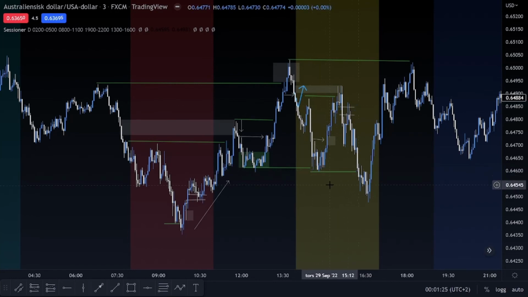So once price trades below these lows here, I'm not the biggest fan of leaving runners. Whenever I see a buy or a sell model that is finished, I'm just collapsing the trade. But that's up to you how you wanna manage your setups.